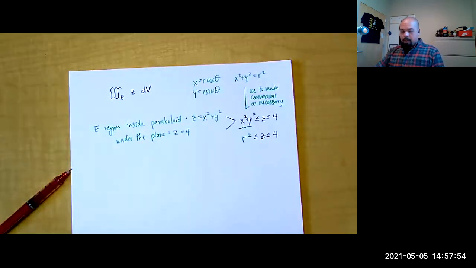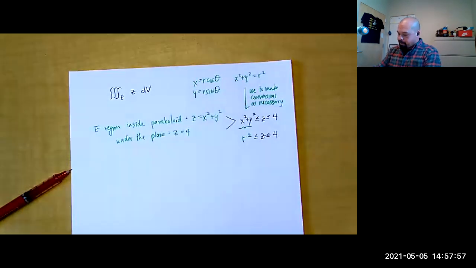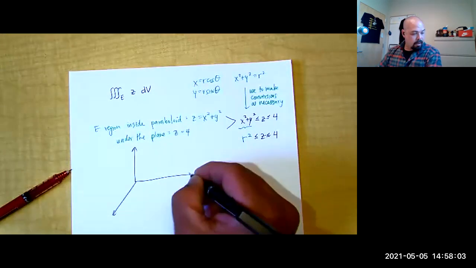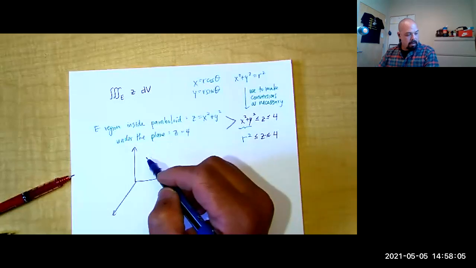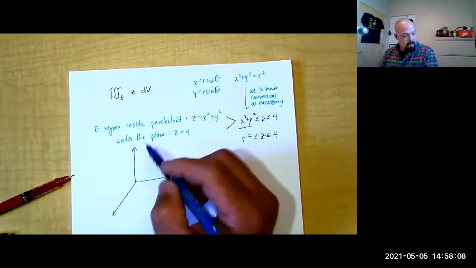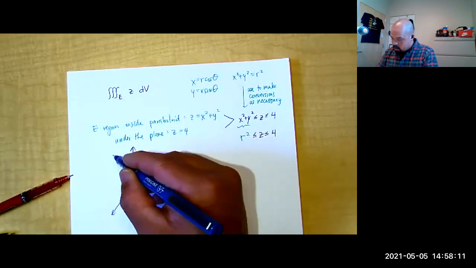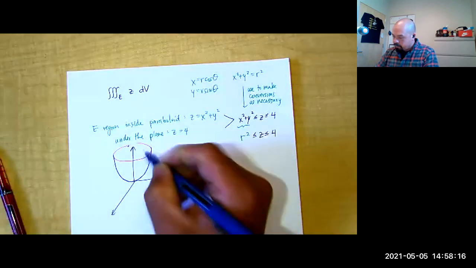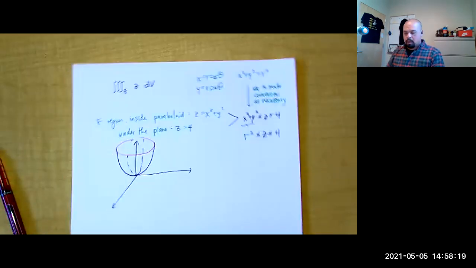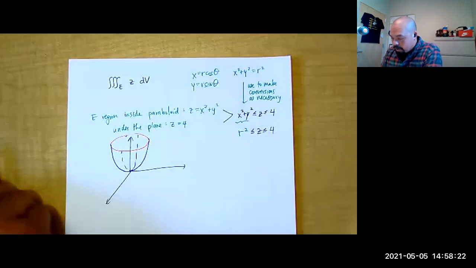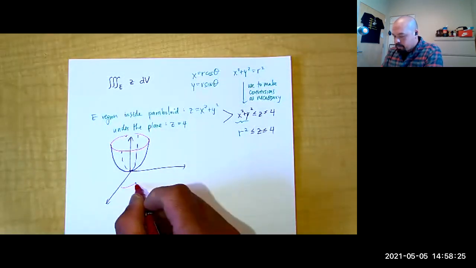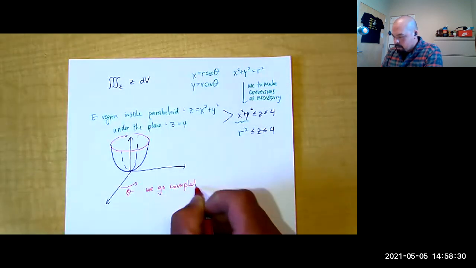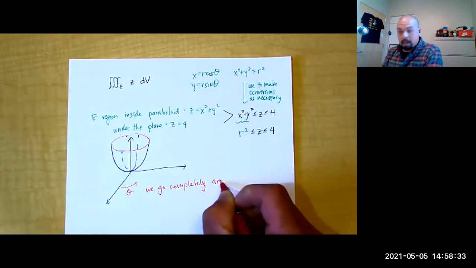So with that said, let's think about our r's and thetas. What I want to mention, that for our theta component, we go completely around, right?